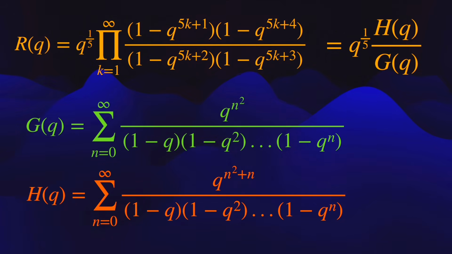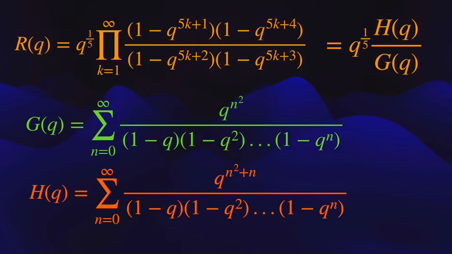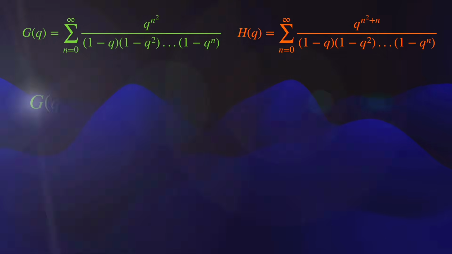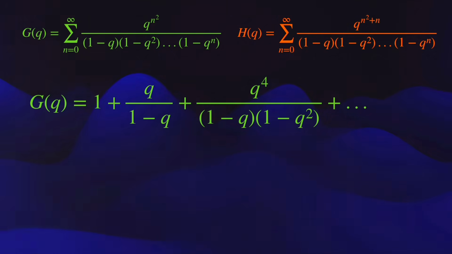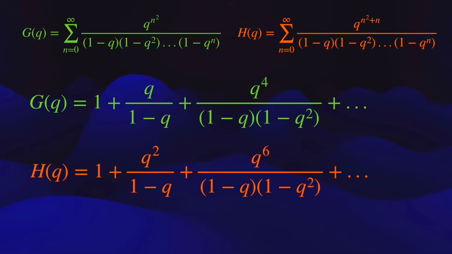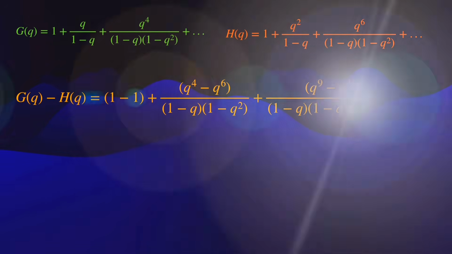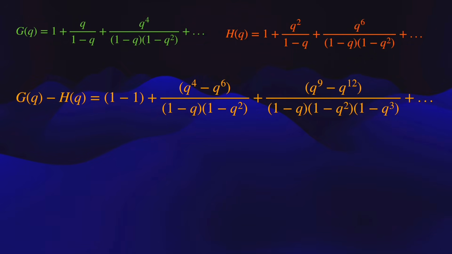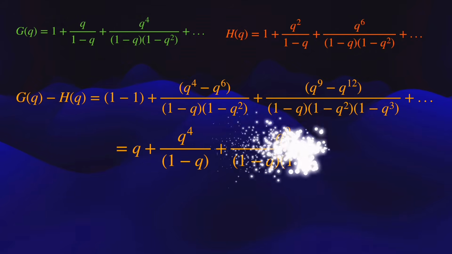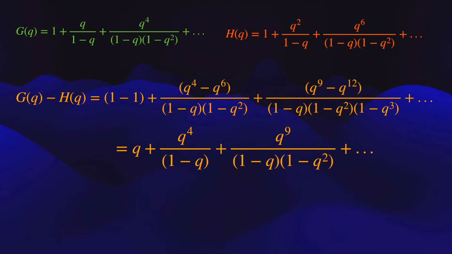Ramanujan developed the Q series for both G of Q and H of Q. And one notices that both of these series have the same denominator structure. And that's a key thing to notice, because if those series both have the same denominator structure, taking their difference is something that is very easily computed. Because the difference here now will also have the same denominator structure.